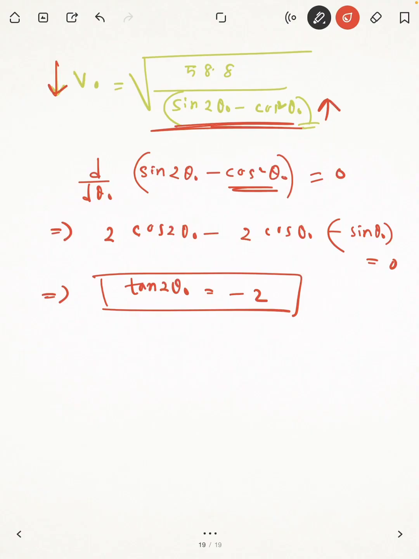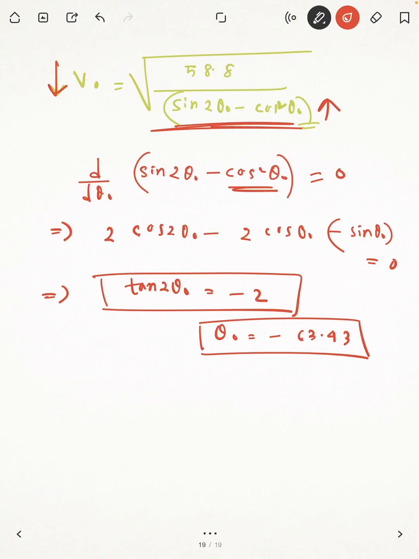If you use your calculator and solve this, you're going to get theta naught as -63.43, if you just solve it and do not use your intuition.